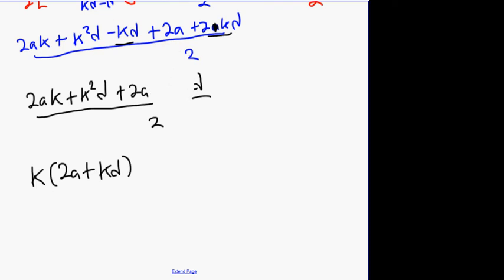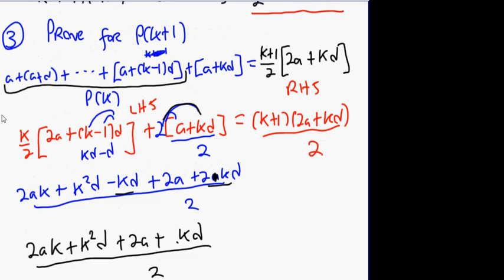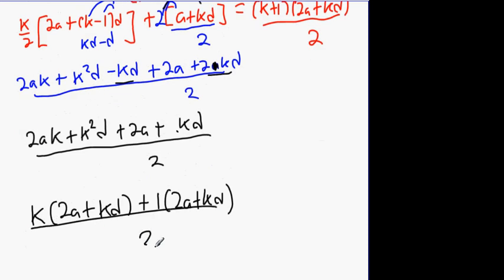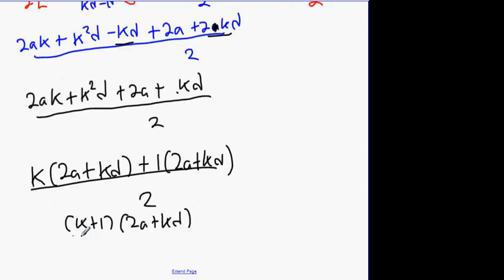So that part there is plus kd, and then it's going to be plus 1 into 2a plus kd. So what we're going to get, all over 2, is k plus 1 into 2a plus kd all over 2. And that's our left hand side, and this equals the right hand side, as the right hand side is the same thing.